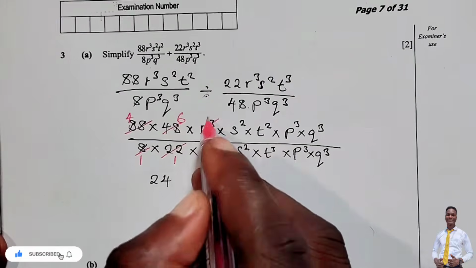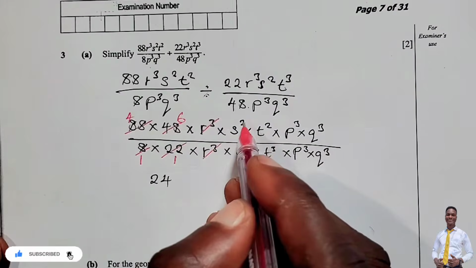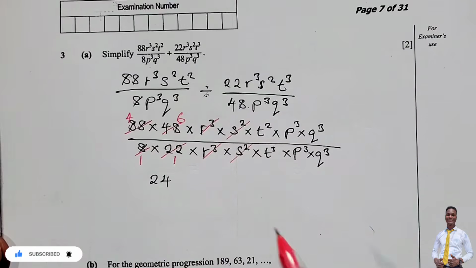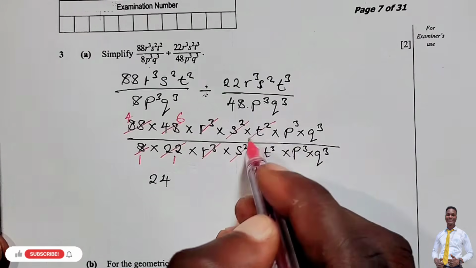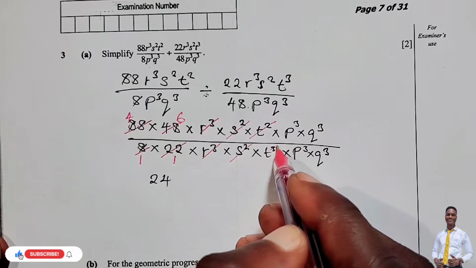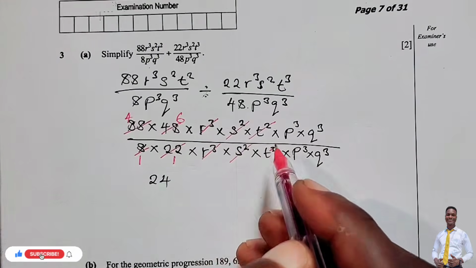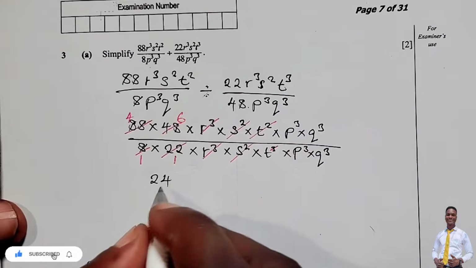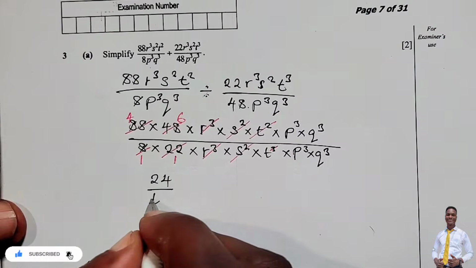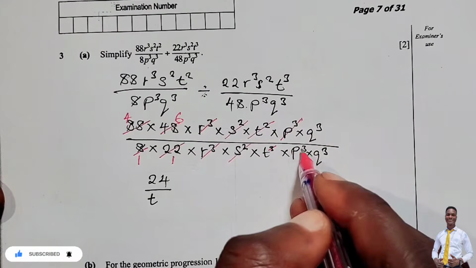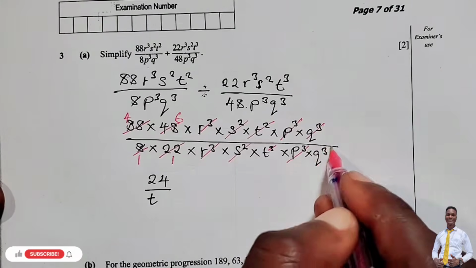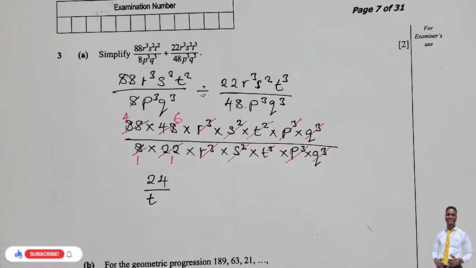This and this will cancel. We have r3, s2 will cancel. What else? You have t2, down you have t3. So down here we're going to remain with 1 t. Let me write that one in advance so that I don't get confused. p3, q3.